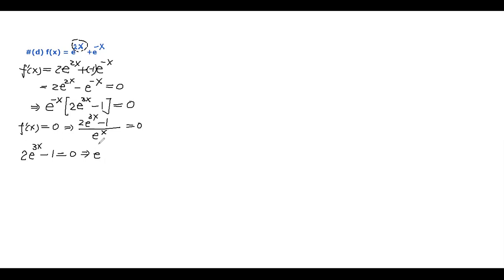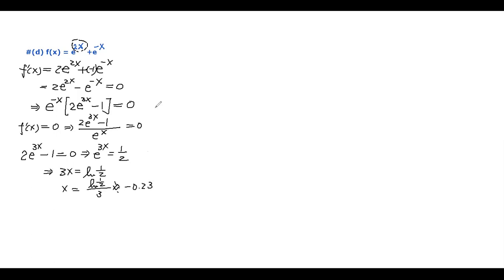So that means e^(3x) equals 1/2. Take the natural log of both sides. So 3x equals the natural log of 1/2, divided by 3. So x is equal to one third of the natural log of 1/2. Put it into the calculator, approximately this number is negative 0.23.